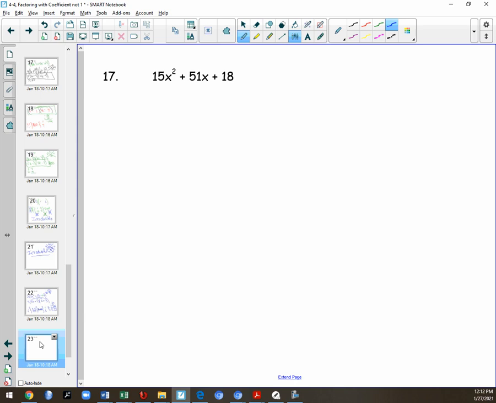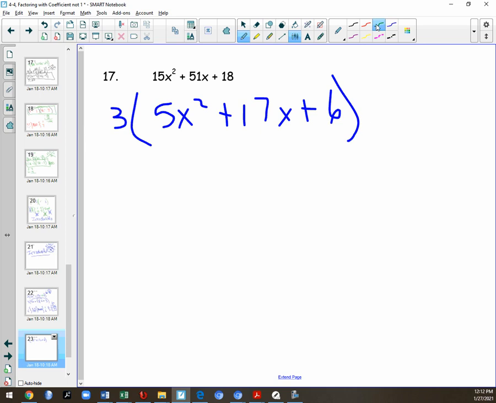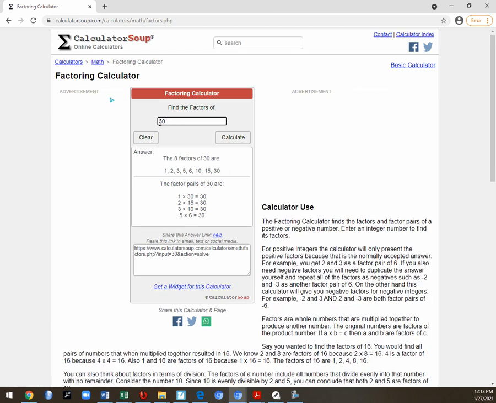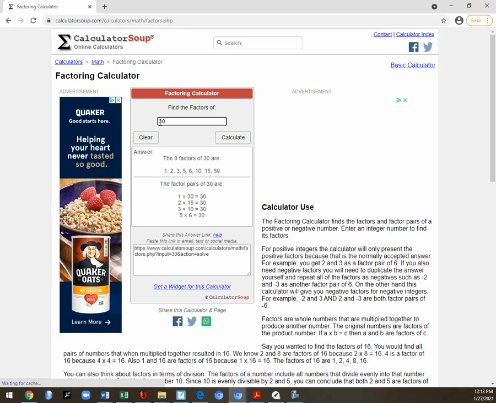Same exact problem. Pulling out the 3, we're going to have a 5x squared plus 17x plus 6. Doing your x method, we're going to have a 5 here, a 6 here, a 30, and a 17. Factors of 30 that are going to give me 17, well, that's going to be 2 and 15.